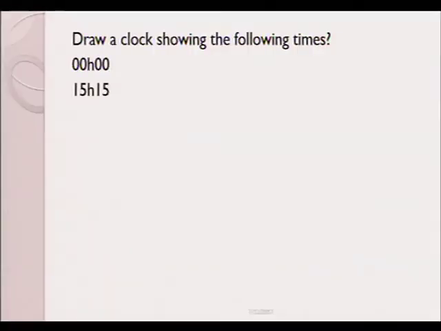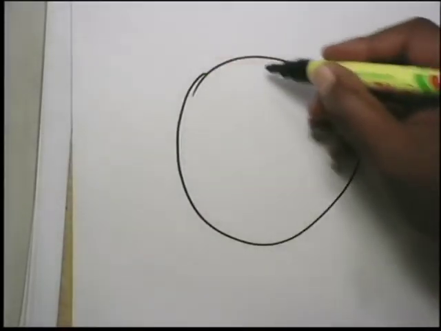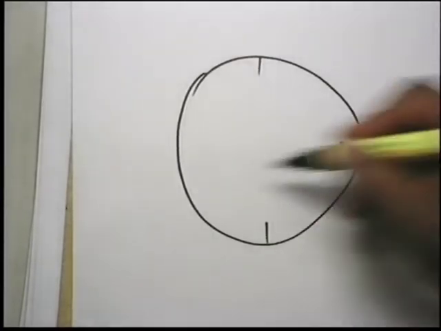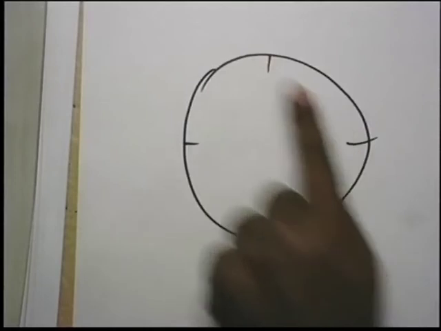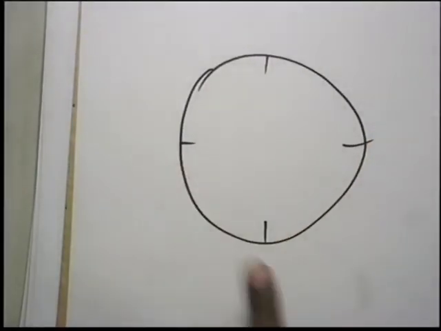So the next one is to draw a clock showing the following times. For example, they say, please draw these clocks. Very, very important, and many people make simple mistakes with this one. If you have to draw a clock, you draw your clock, which is round, and then you divide it like that, because you know that this is 12, this is 3, this is 6, this is 9.